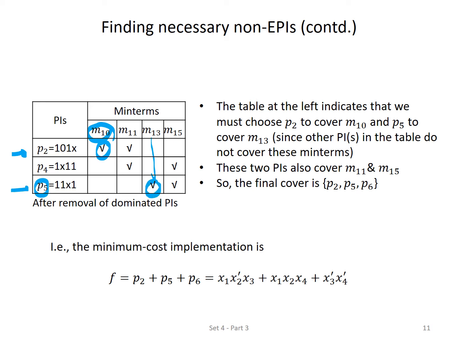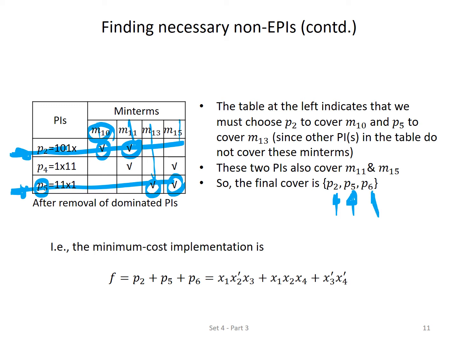Now, if both P2 and P5 are part of the cover, that means we're also covering M11 because of P2, and also M15 because of P5. And so with these two rows, we are covering all the min terms that we needed to cover. So the final cover for this function is P2, P5, and these are non-essential but necessary prime implicants.